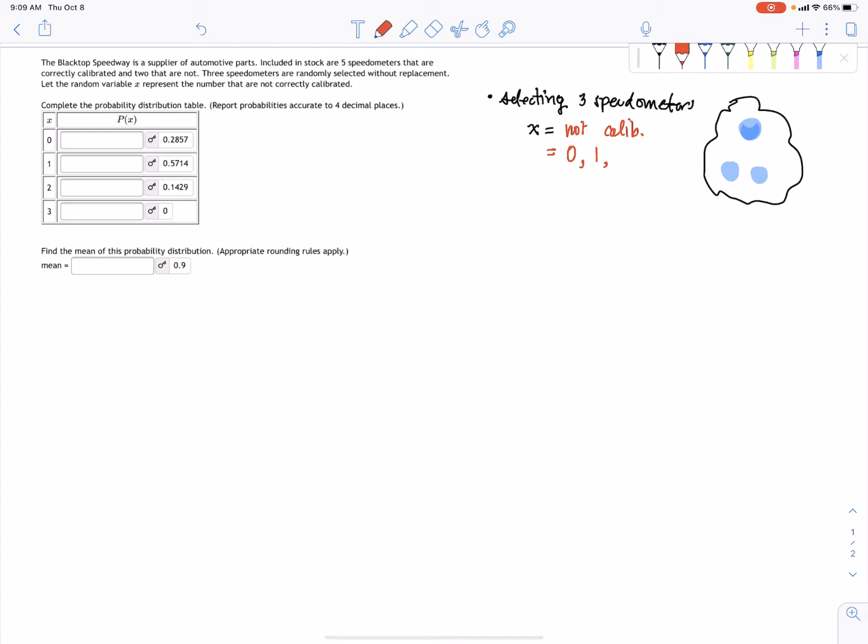The next one would mean that if I select 3 speedometers, I could select 2 that are not calibrated and 1 that is calibrated. And then the last situation would mean that if I select all 3 of these, all of them are not calibrated. So we do have a situation with 4 scenarios, right?